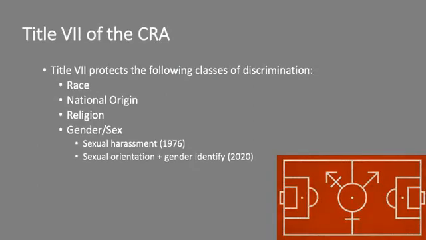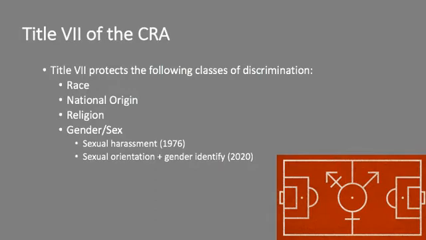All right, so I already mentioned that Title VII in particular deals with employment-based discrimination, right? And we know that the original law, the Civil Rights Act itself, was put in place to deal with these issues of racial discrimination. So certainly that's one of the protected classes that we're dealing with when we look at Title VII.